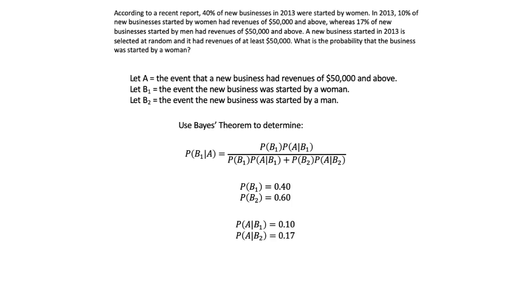The probability of A given B1 is 0.10, and probability of A given B2 is 0.17. So now all we do is plug into the formula, and we get that the probability of B1 given A is 0.282.